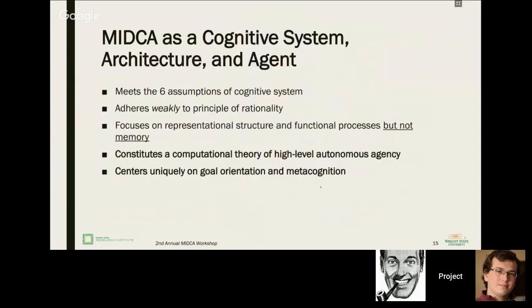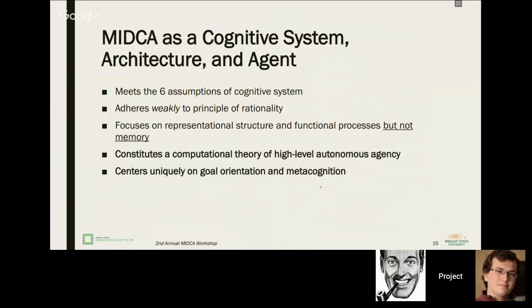So as a cognitive architecture, a cognitive system, or an agent, these are the main points in which MIDCA makes connections to other work in these related research areas.